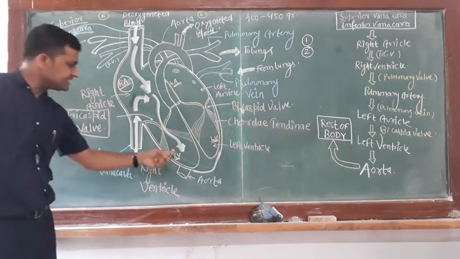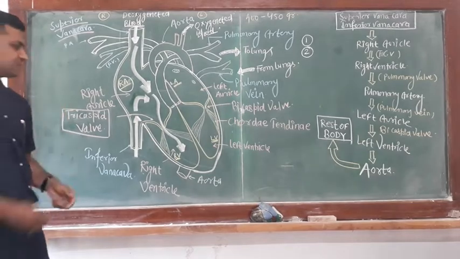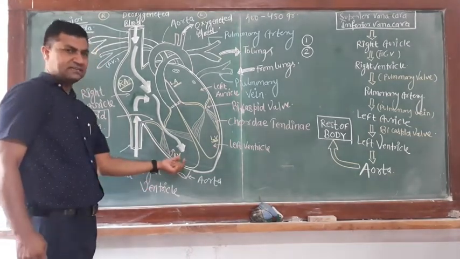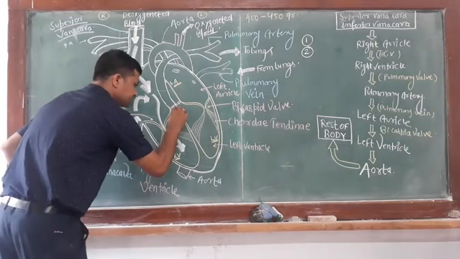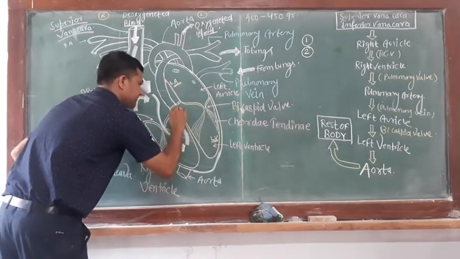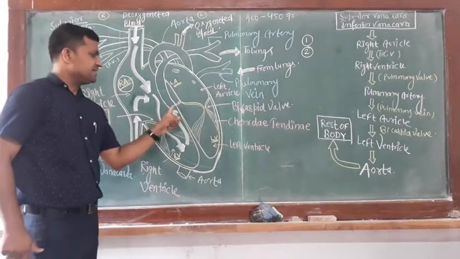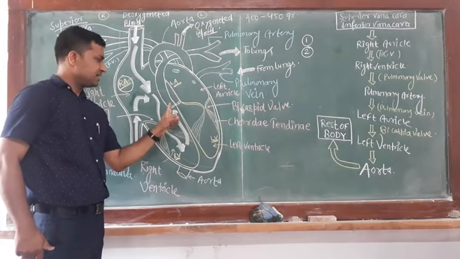It's deoxygenated blood. Number third process, deoxygenated blood from the right ventricle, with the help of the pulmonary valve. It's a semilunar valve, the pulmonary valve.